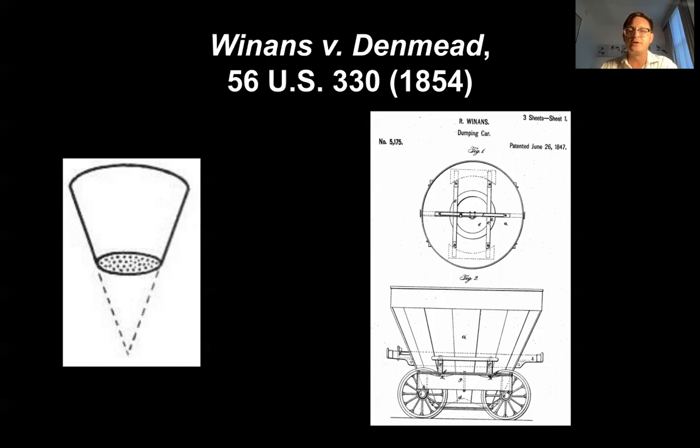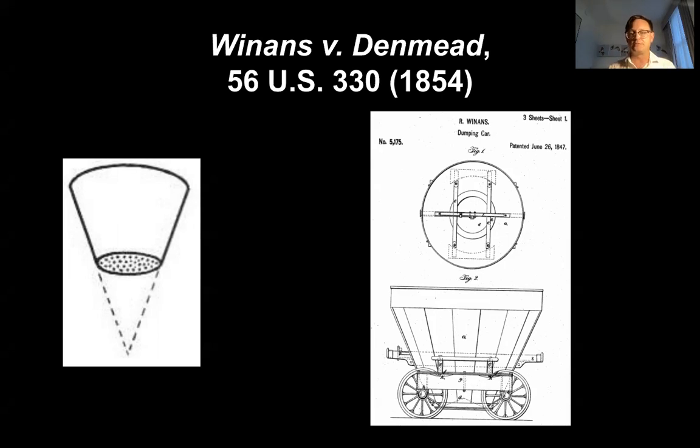You can see an illustration in the picture here. And the defendants saw the patent, or saw the product that was being based on the patent, and they said, well, that's one way of doing it. We can think of another way. And they produced their own product that was very similar, except instead of being a cone, it had 8 sides, right? It's an octagonal shaped railroad car, but same basic principle.